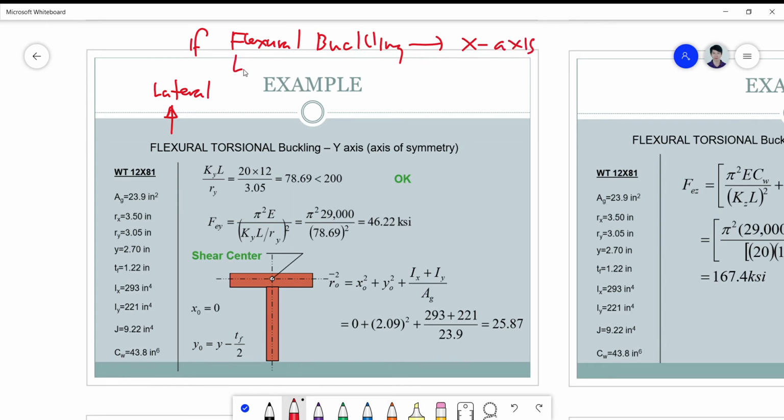Then your lateral or flexural torsional is Y. Automatic yan, class. So if your flexural is Y, your lateral is X. They cannot be the same.